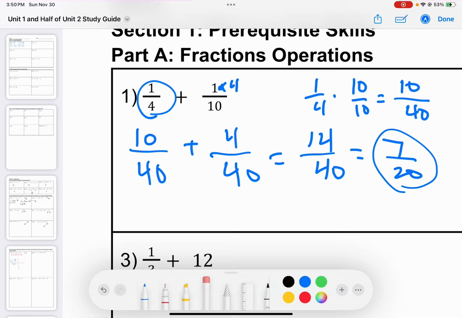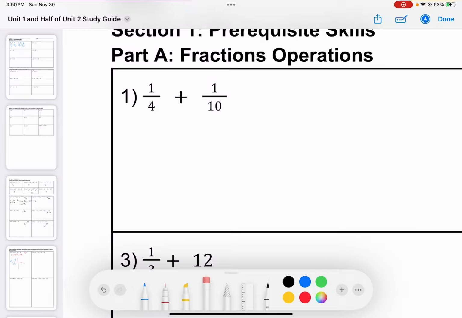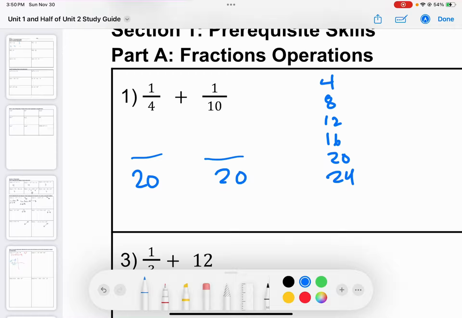Just to show the other way to do that real quick, the least common multiple of 10 and 4 is not 40, it's actually 20. So I could make 20 the common denominator. The way to do that is if I count by 4s: 4, 8, 12, 16, 20, 24. And I count by 10s, well, the first number I see in both rows is 20.